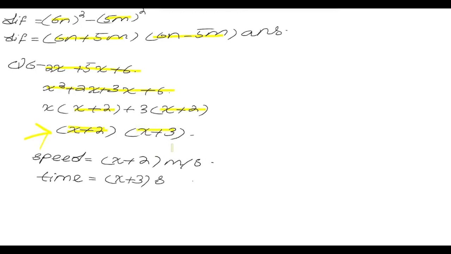That is because distance is equal to speed multiplied by time. So if we multiply time with speed or speed with time, that just gives us the same output. So our final answer will be: just assign your own terms like I did, for speed x + 2 and time x + 3. So this will be our final answer.